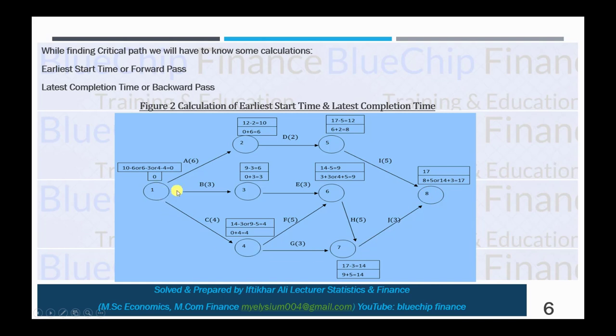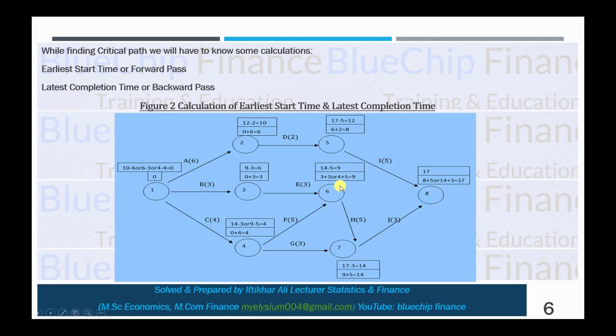And now we come to this path, that from 0 to 3 equals 3, and 3 plus 3 equals 6. But here another path is ending here. So we will focus from here now. 0 plus 4 equals 4, and 4 plus 5 equals 9. So now you can understand that 3 plus 3 equals 6 or 5 plus 4 equals 9. Which one is maximum? Obviously 9 is maximum.